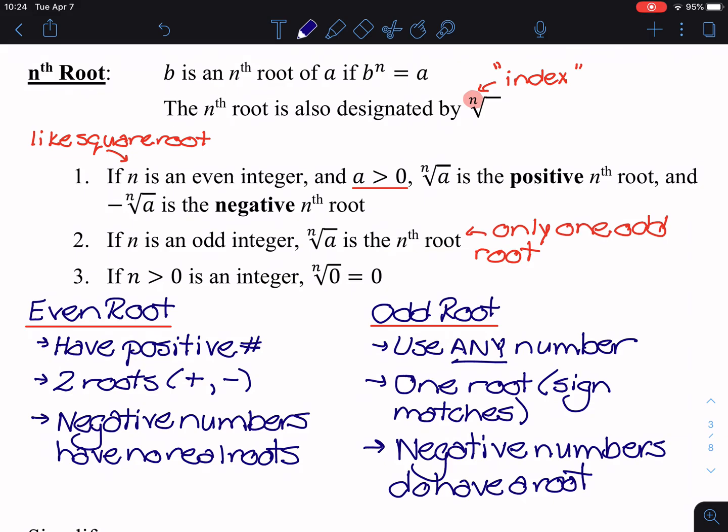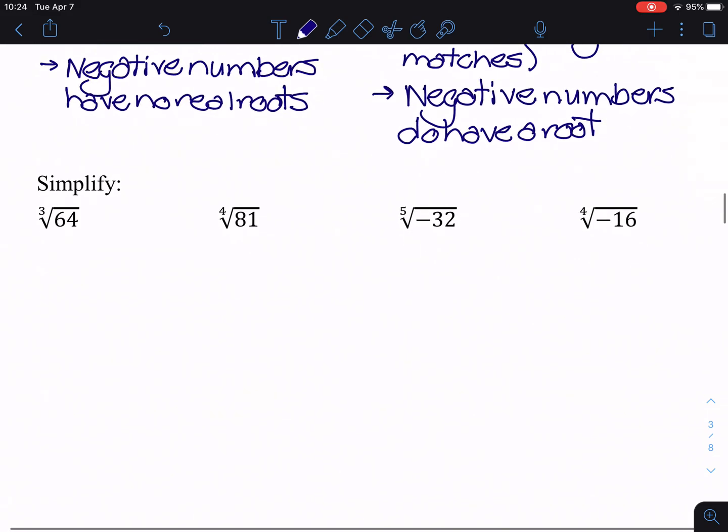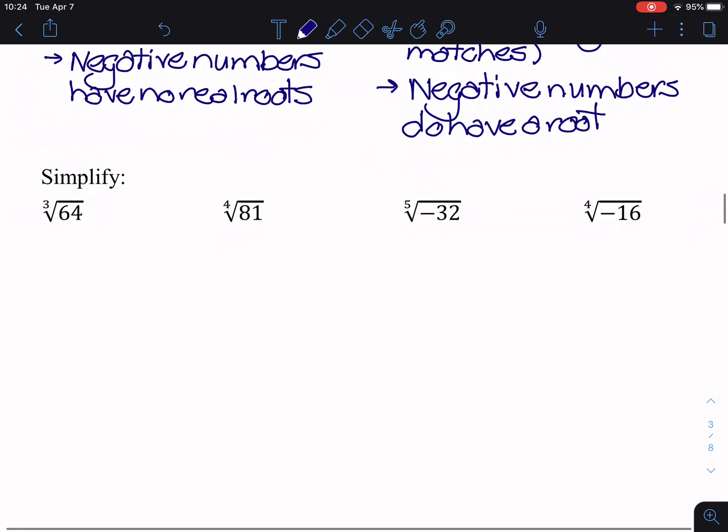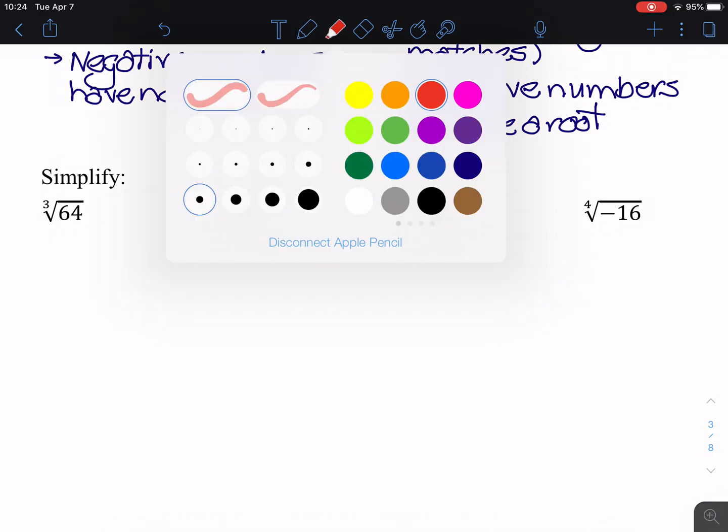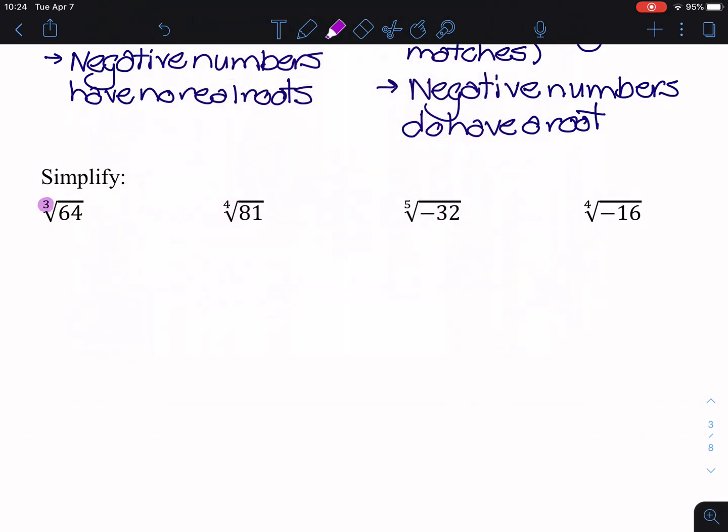With this information in mind, let's take a look at a couple of examples. We're going to simplify these radicals. For the first one, I'm going to take the cube root of 64. Keep in mind, I'm taking the cube root, so my index is 3.